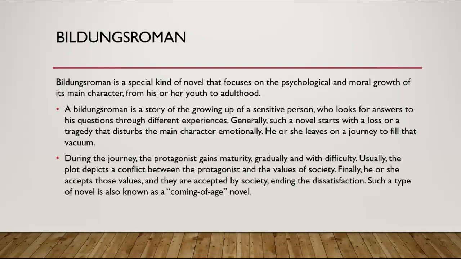But as the novel goes on, based on the things that happen to her and the things that she sees, she's going to grow and mature as a person. They never really tell us how old she is, but I would guess she's probably about 11 years old, maybe 12 at the beginning of this book. And then she's going to grow physically and get older, but she's also going to mature in the way she sees the world and the way she sees other people.